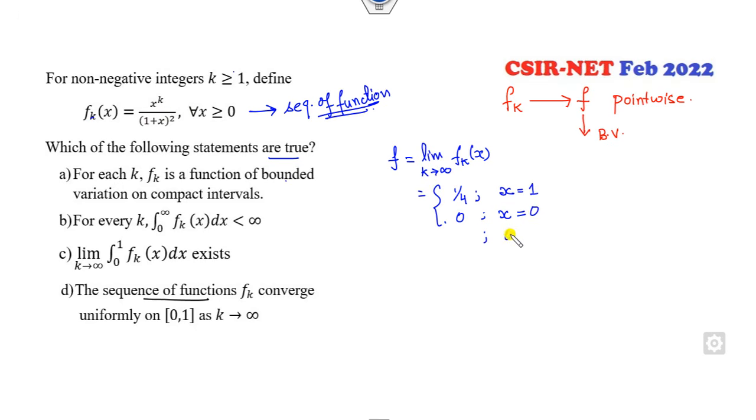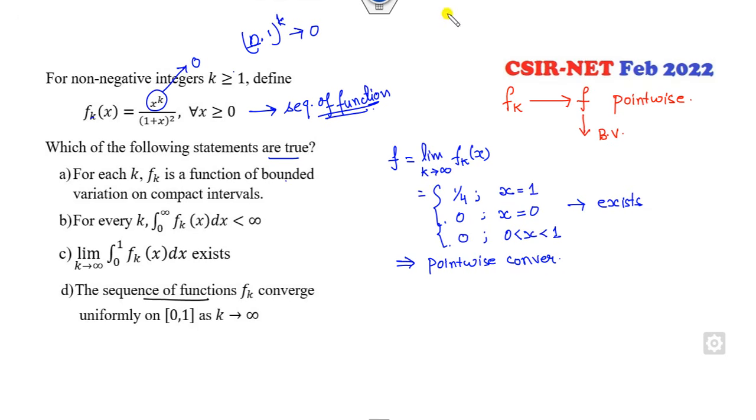And whenever x lies between 0 and 1, this portion goes to 0, because any number less than 1, 0 point something, to the power k as k goes to infinity, goes to 0.